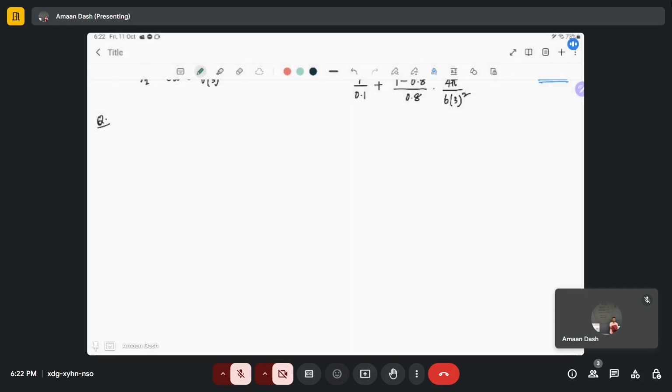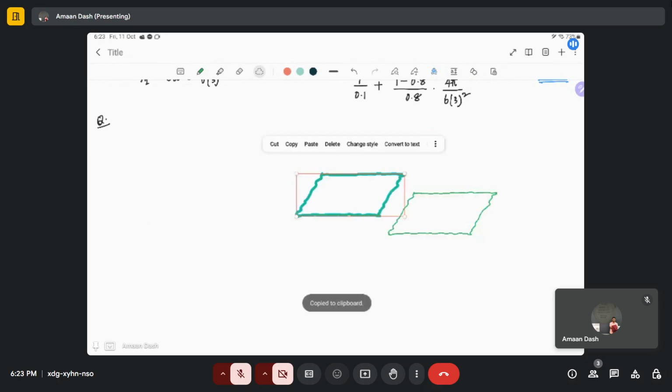This entire thing divided by, we have 1 by epsilon 1, that is 0.1, plus 1 minus epsilon 2, that is 0.8, divided by 0.8 times A1 by A2, which is 4 pi divided by 6 times 3 square.